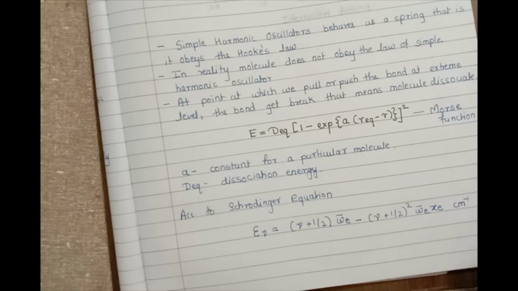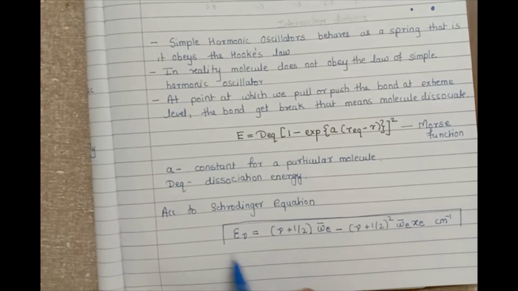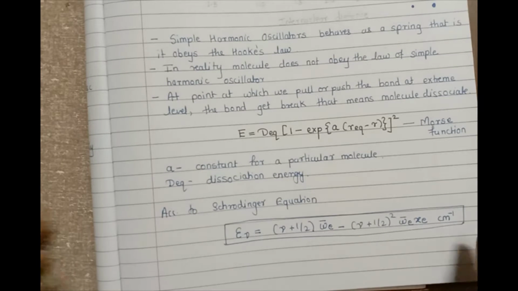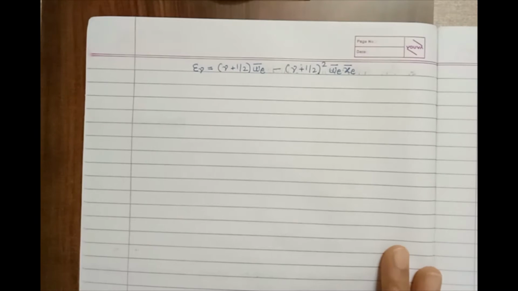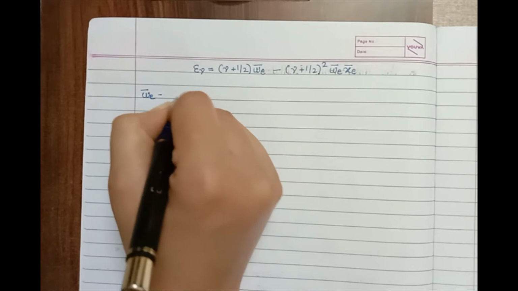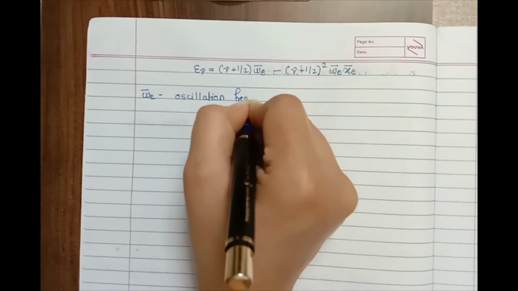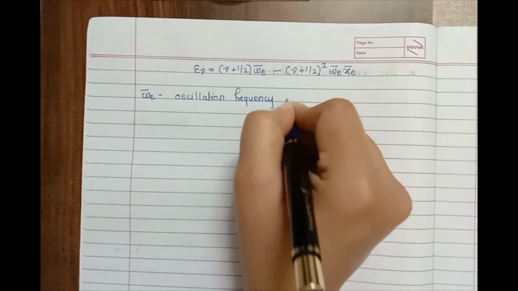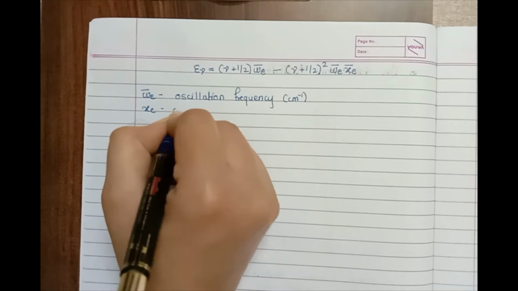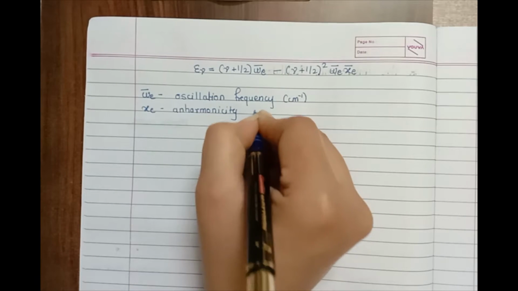This is expressed in centimeter inverse. Students, remember this formula for the energy or wave number of the anharmonic oscillator. In this equation, omega e bar is the oscillation frequency expressed in centimeter inverse, and xe is the anharmonicity constant.